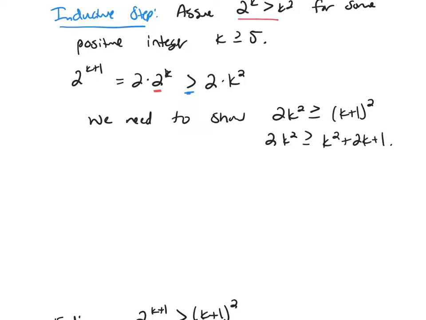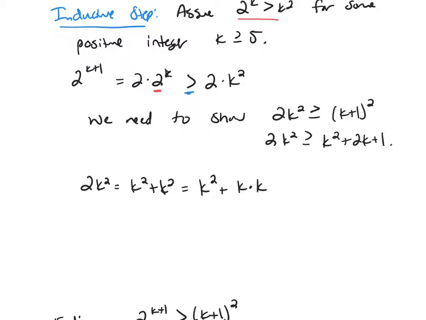So now let's look. I have 2k squared. That's the same thing as k squared plus k squared. Another way you can view that is it's k squared plus k times k. And remember that k is at least 5.